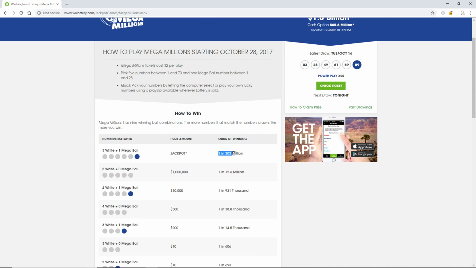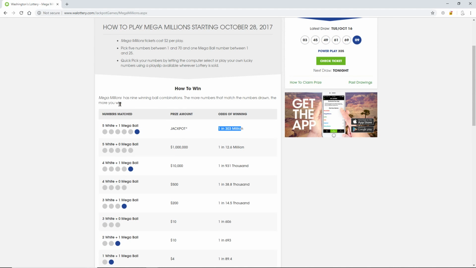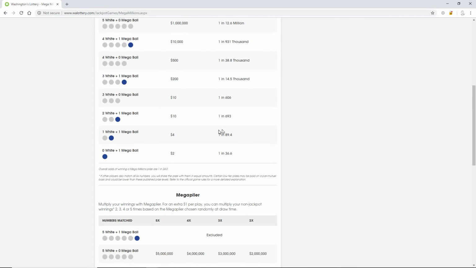Okay, so these odds are not correct anymore. And it's because it's between 1 to 70. Before it used to not be that much. I think years ago it was less than 70. So they may need to update their site. The chances of winning that is not 1 in 303 million anymore. No way.